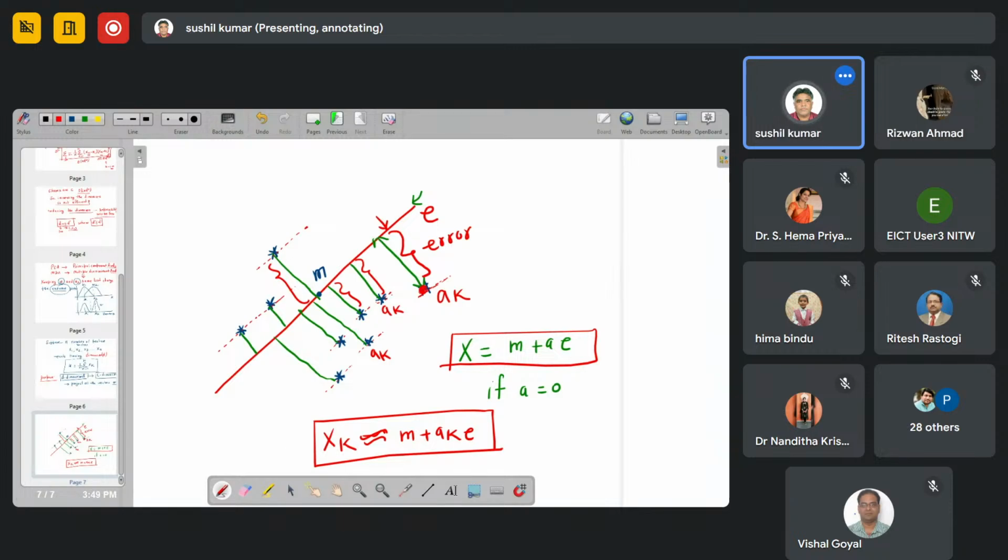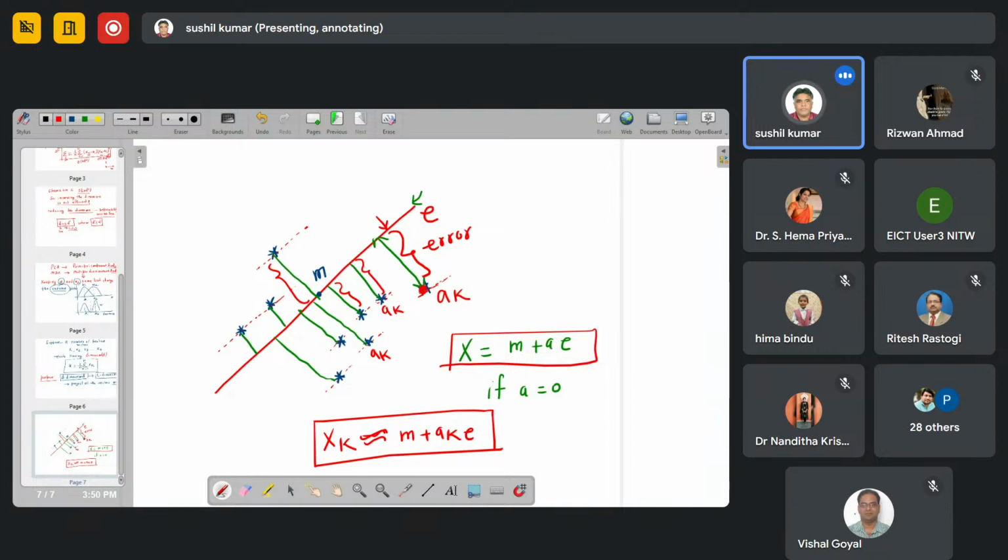So how can you handle this error? The first thing is handling the error. We will discuss what the value of this error is.